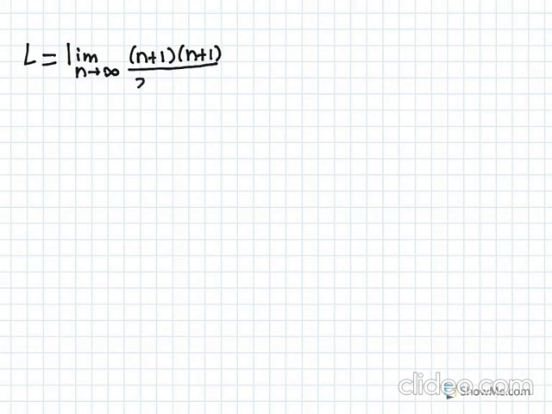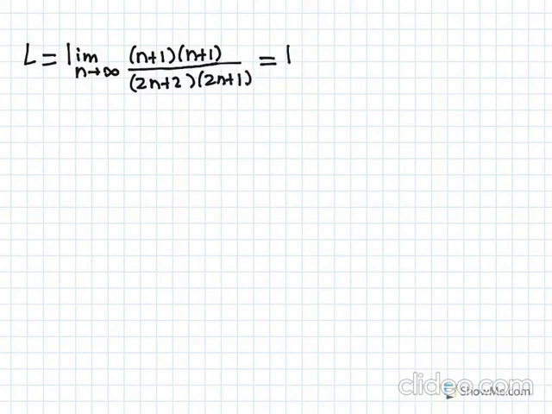So we have L is equal to the limit as n approaches infinity of (n plus 1) times (n plus 1) divided by (2n plus 2) times (2n plus 1).